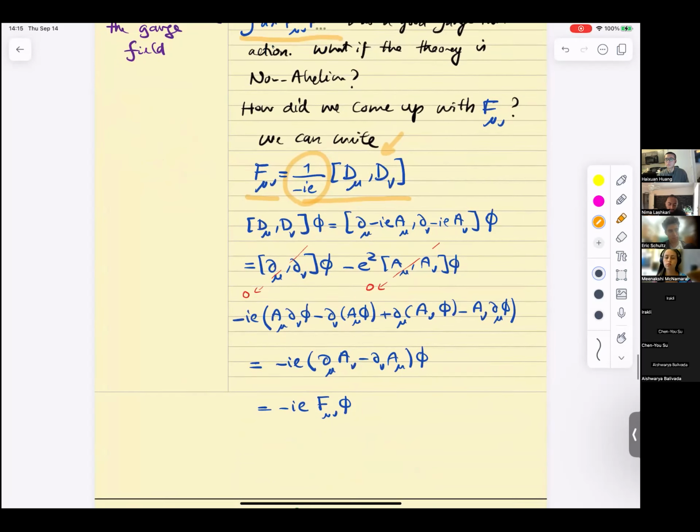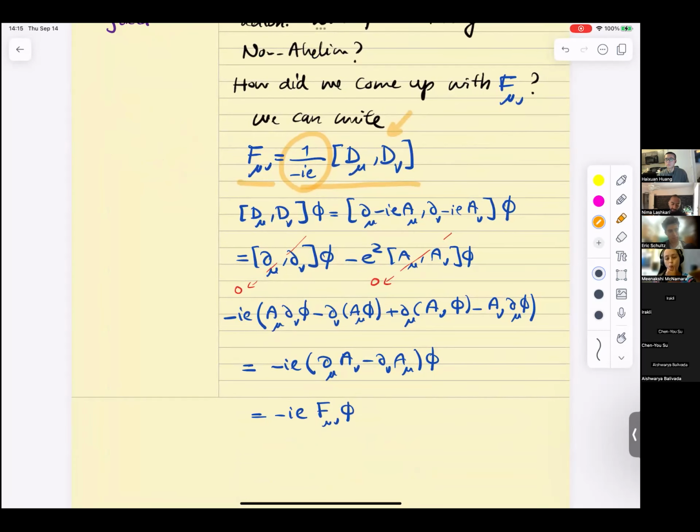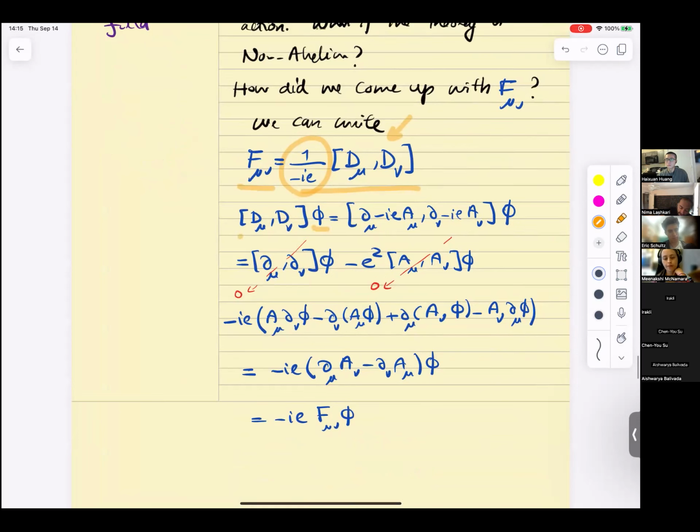So how do you see that? What does it mean to talk about covariant derivatives of this? Take a field phi and apply this D mu. So these are the two covariant derivatives you want to calculate. So you expand this commutator. We're doing classical physics, hopefully this is clear.